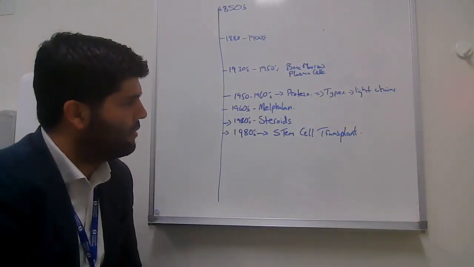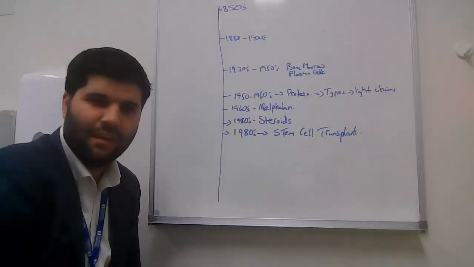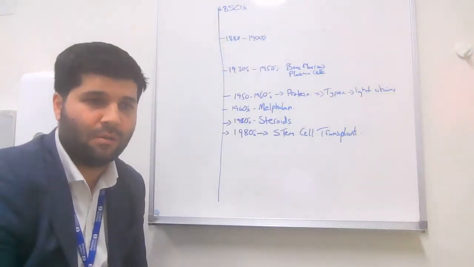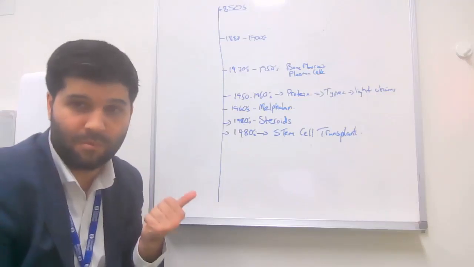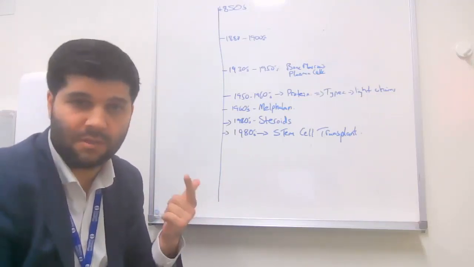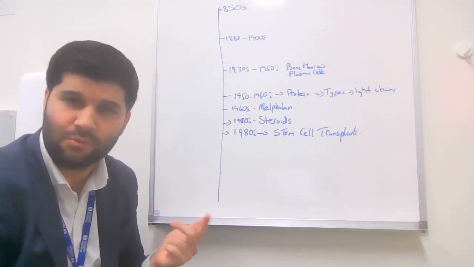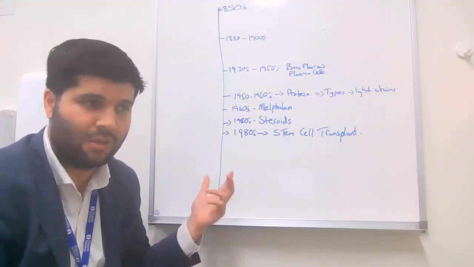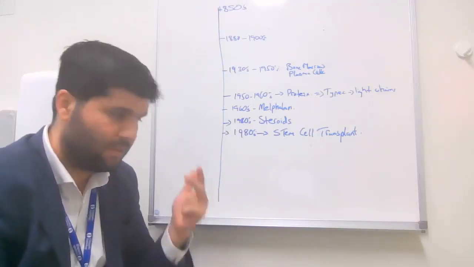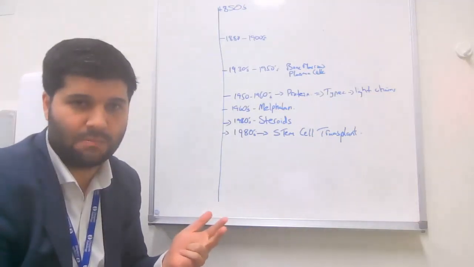And over the course of the next 2 decades, really the mainstay for treatment of multiple myeloma was to use traditional chemotherapy drugs. Melphalan was one of them, but there were other drugs such as cyclophosphamide or doxorubicin that were used to try and treat this condition, to use steroids, and to use a stem cell transplant.